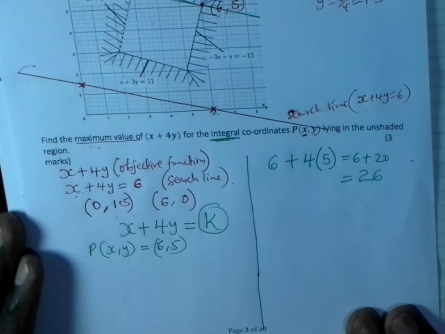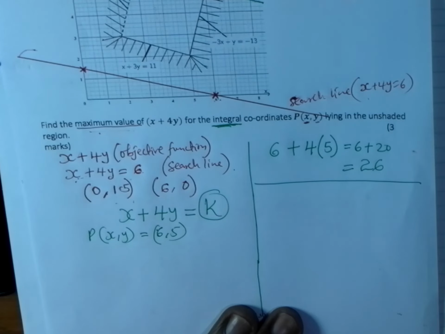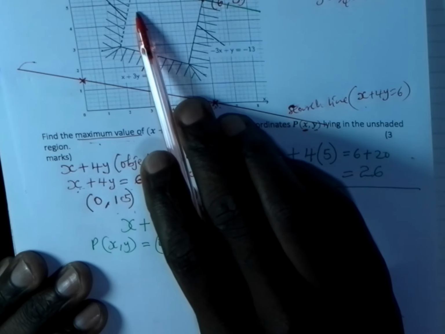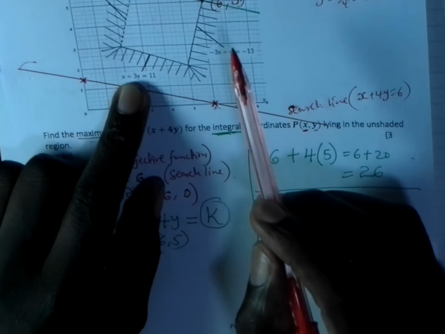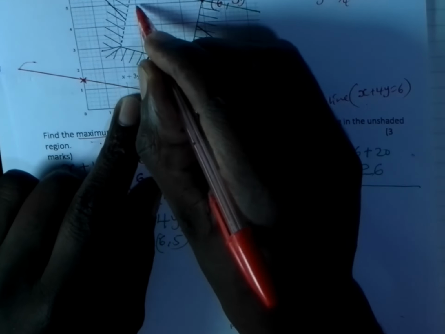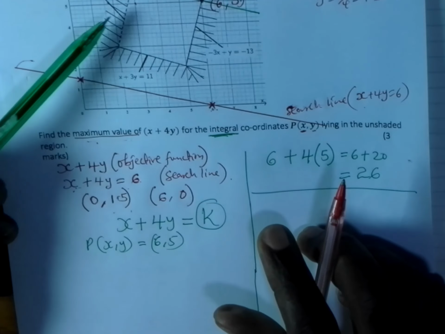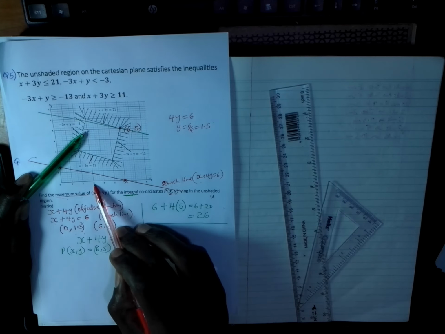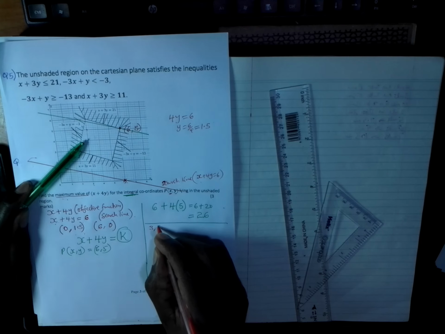The other way to go about it, which you can do manually, is to look at the points inside the unshaded part and take integral points. We have this point here, where x is 3, y is 5: (3, 5).